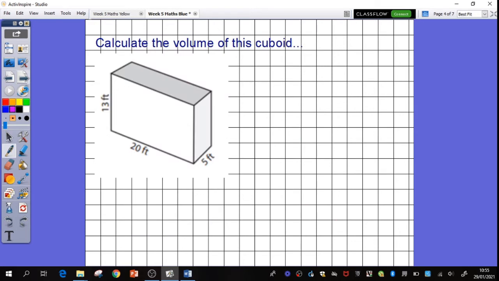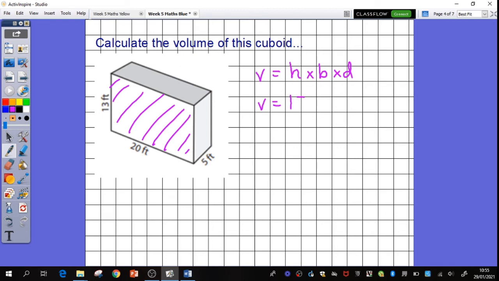This time my shape's been rotated a bit, so you may find it easier just to step back from your page a little bit, have a look at it so you can familiarise and picture it in your head. So first thing I need to do is write my formula down. Volume equals height times base times depth. So its volume will equal height times base. I'm going to find the surface area of that face first.